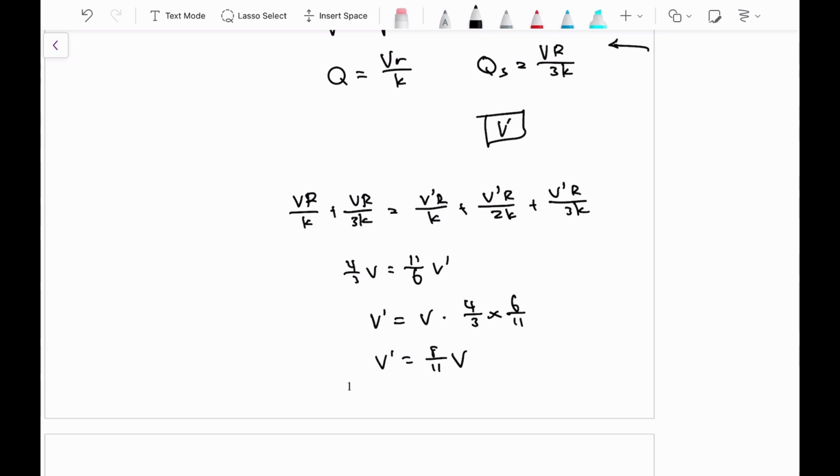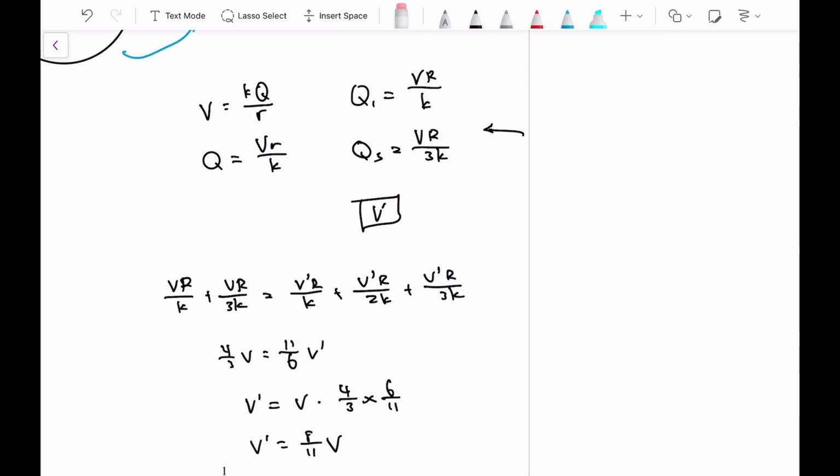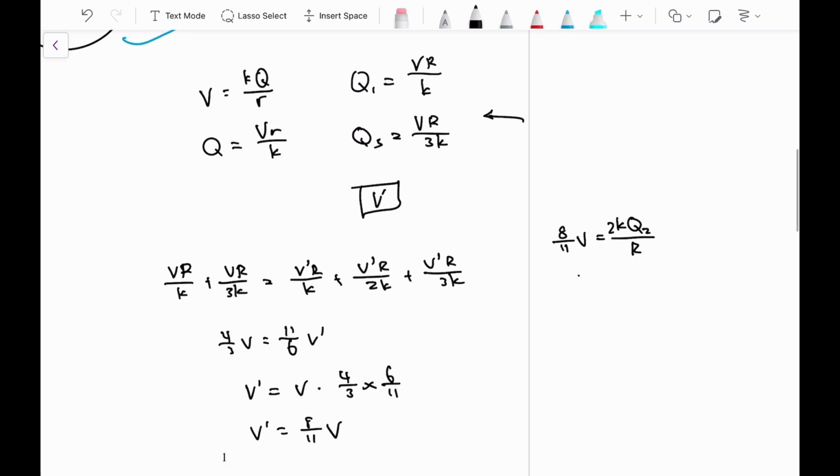So the potential is 8 over 11 V. No, this is the potential, and the potential is equal to kQ over r. So kQ2 over a half of R, so therefore Q2 will be equal to 4 over 11 times VR over k.